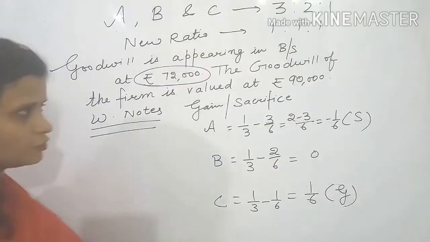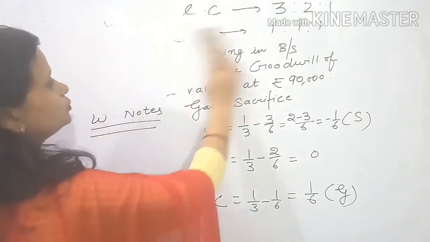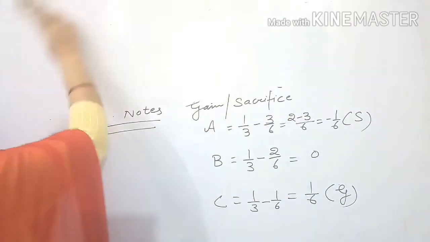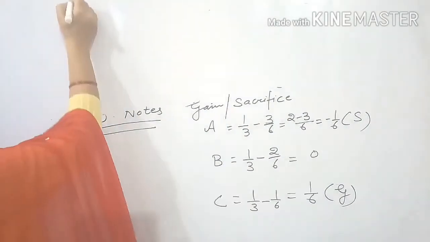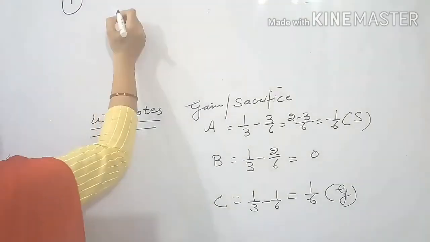The first step is clear to all of you. Now come to the second step. Now what are we required to do? We are required to pass the necessary entries. Two entries we will have to pass. First, the entry for the distribution of goodwill shown in the balance sheet.